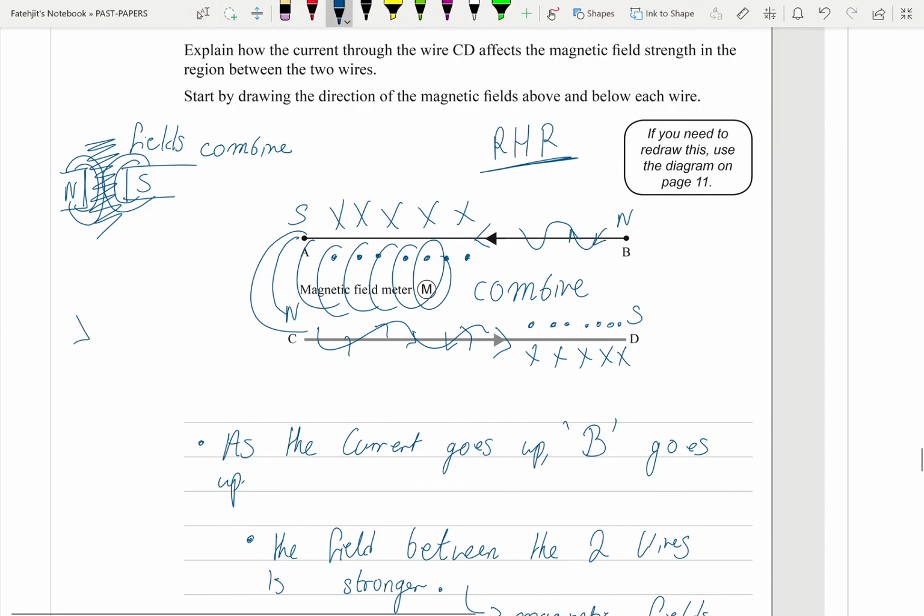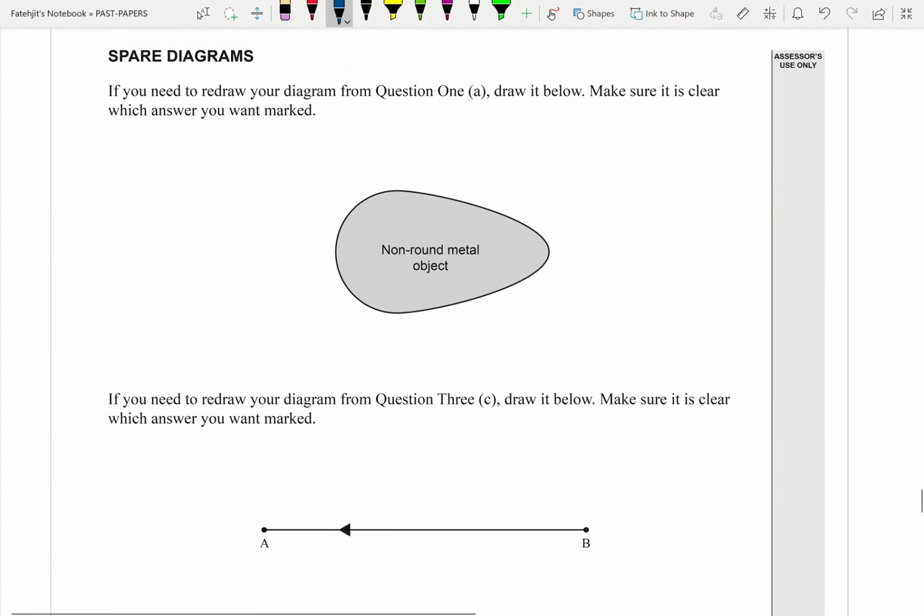So they're in the same direction because they flow from north to south, and south is right here. So they flow intertwined, and therefore it is combined.